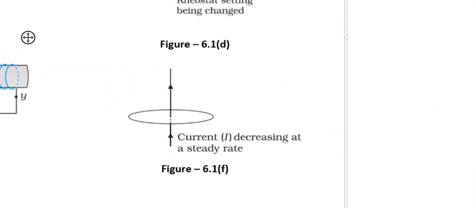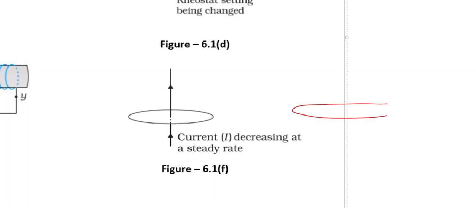What is happening here? Current I is decreasing at a steady rate. So if current is decreasing at a steady rate, the flux is decreasing at a steady rate, and then the induced current should be in the opposite manner. That would have happened if current is passing through the coil.